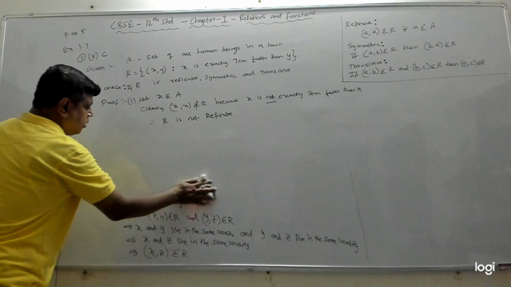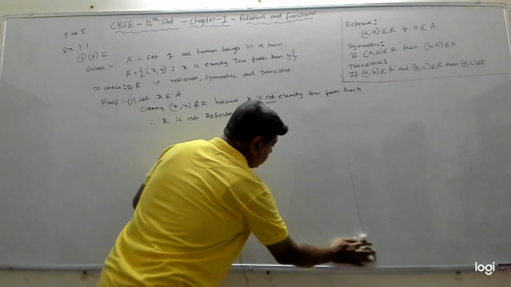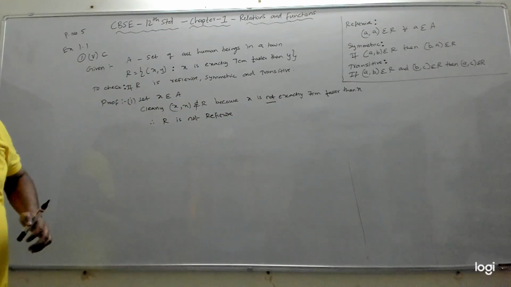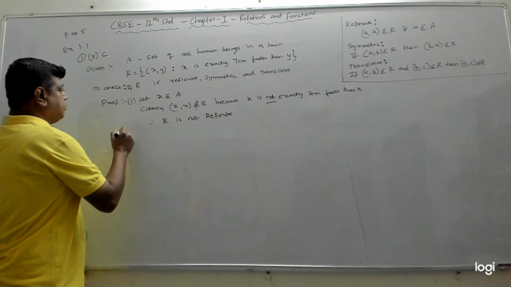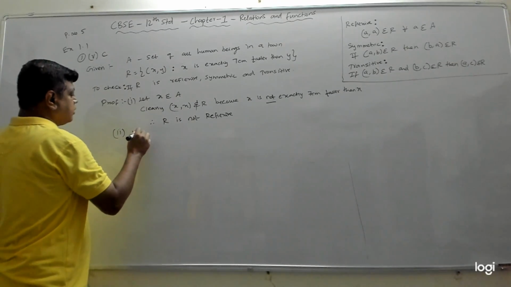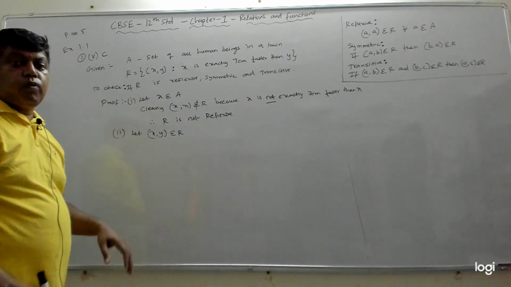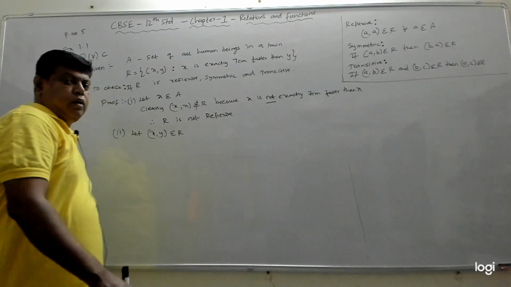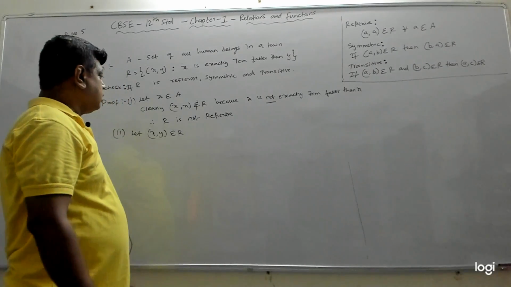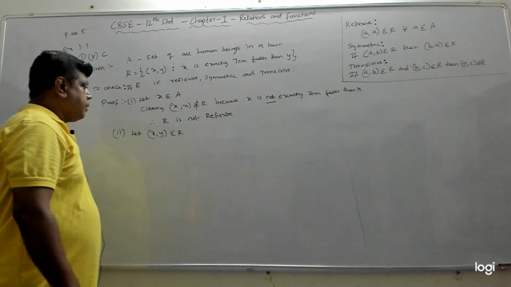Then we need to check for symmetric. Now we'll take the second one. Let x comma y belong to R. Now we need to check whether y comma x belongs to R. If y comma x belongs to R, then R becomes symmetric, right?